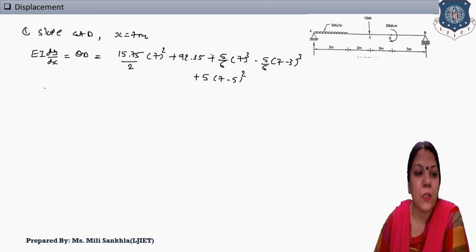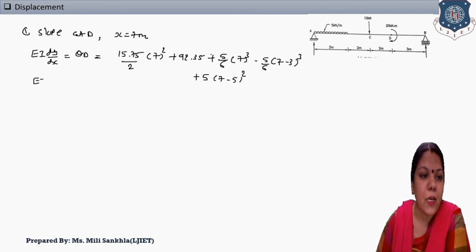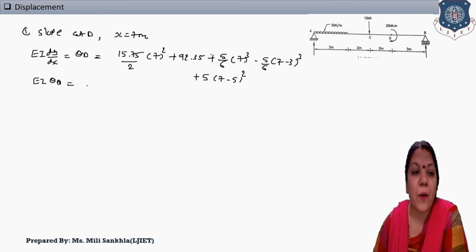After simplifying we get EI theta D is equal to minus 41.025.